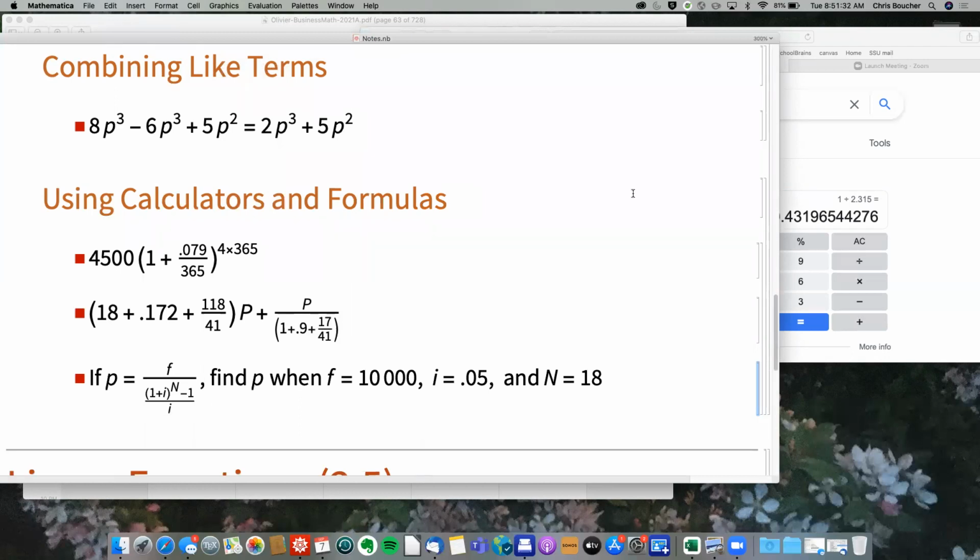So another thing that falls under this heading is using calculators to compute things straight up, using calculators in conjunction with a little bit of algebra to simplify algebraic expressions, and importantly, using calculators to plug into complicated formulas. Finance is awash in complicated formulas like the one you see on the screen.